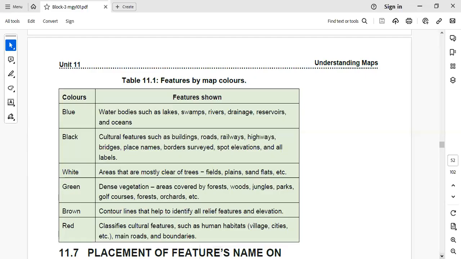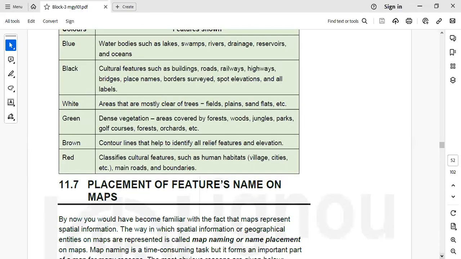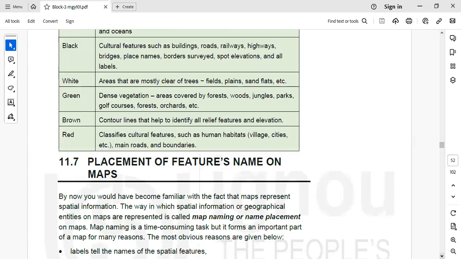And finally, we have the red color. Red color is used to represent the cultural features such as the human habitats, villages, cities, main roads, and boundaries. So if you have the knowledge of the colors, then you can easily interpret the features, whether they are cultural or physical, present in a map.